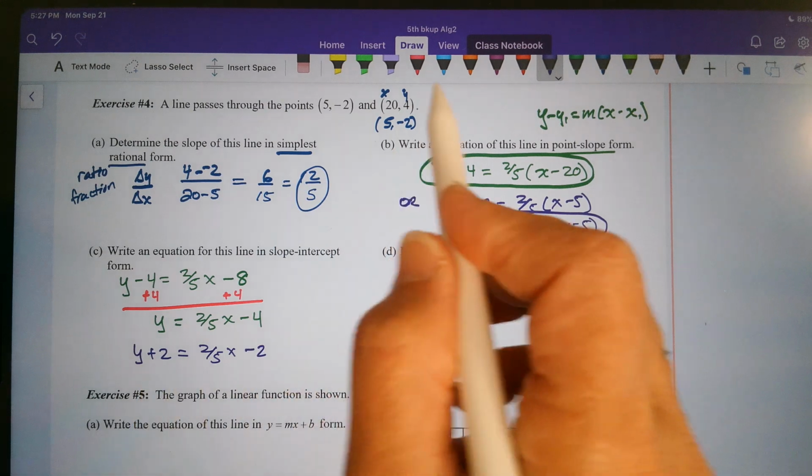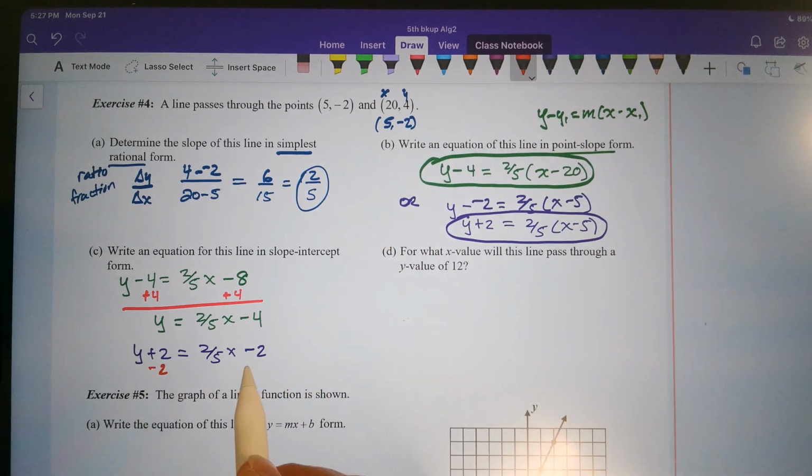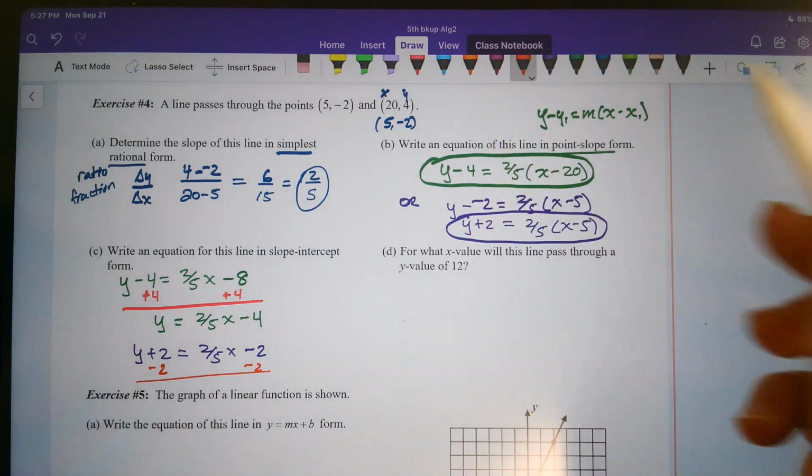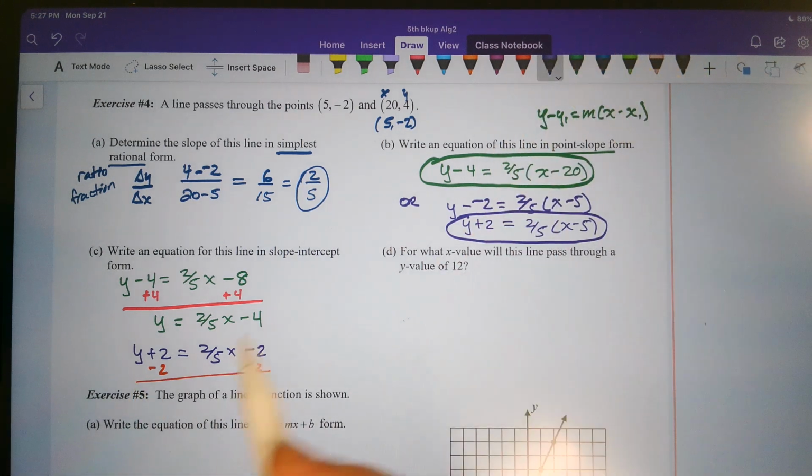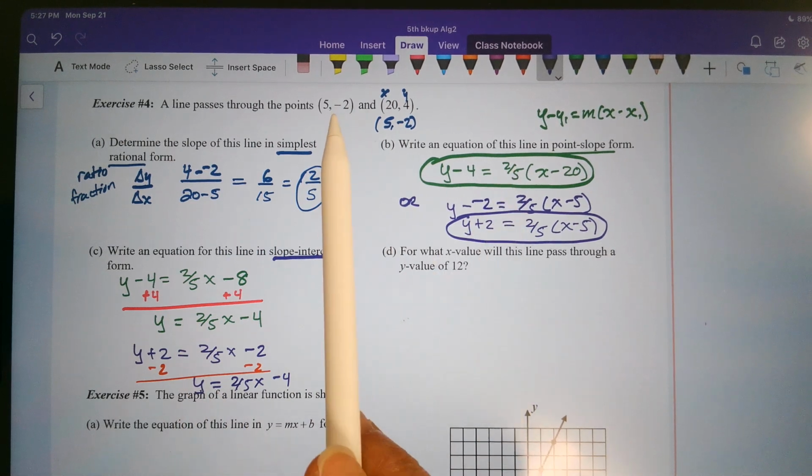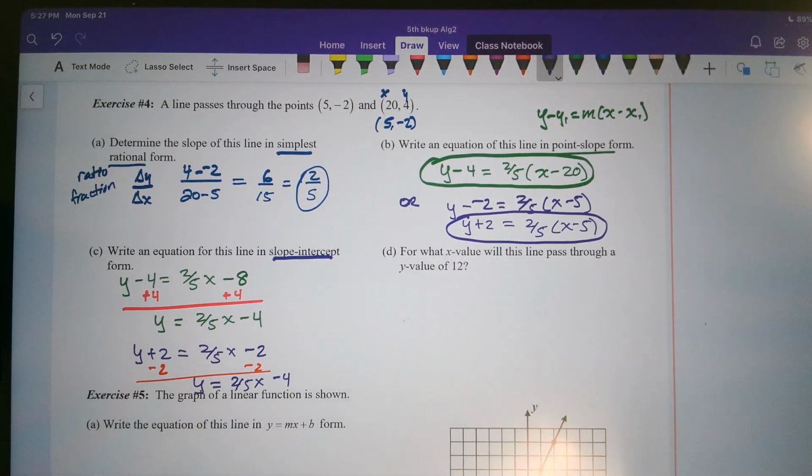And then when we subtract 2, y equals 2/5 x minus 4. Again, slope-intercept form is going to be the same, whether we use the first point or the second point in our point-slope form of the line.